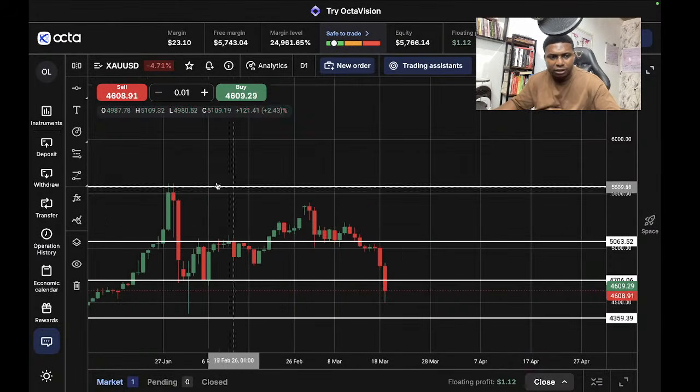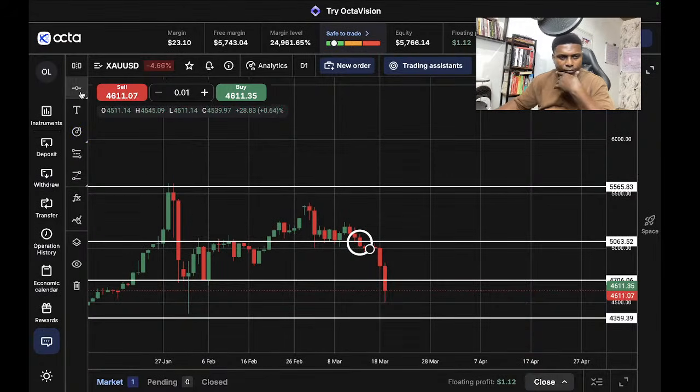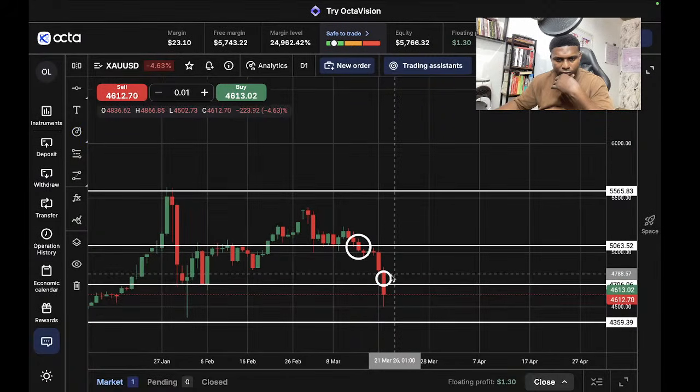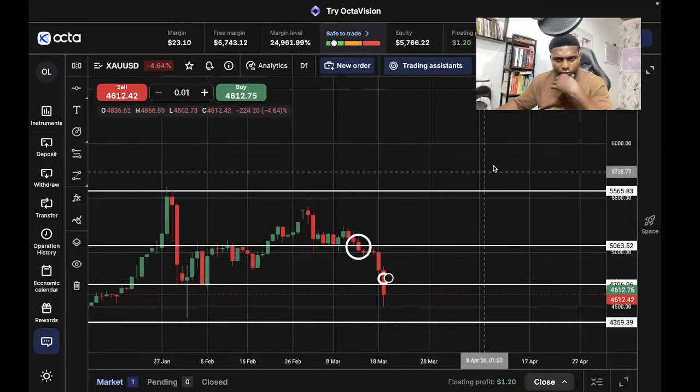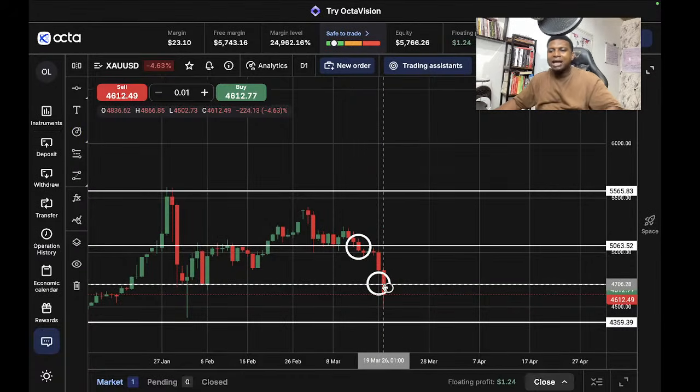Let's have a view of that. Two support zones. This is support zone 1 and support zone 2. And now price is below the support zones.